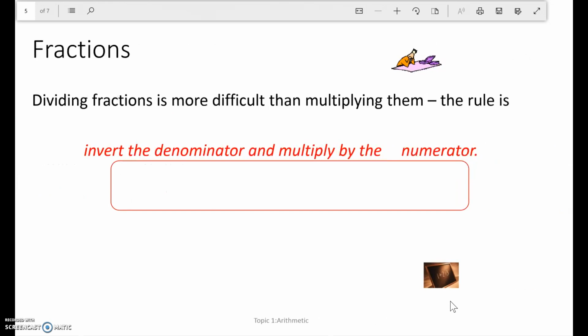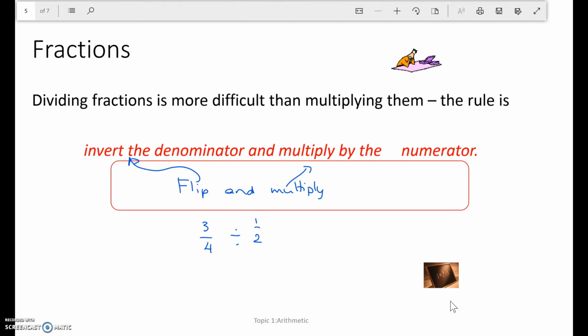Dividing fractions, though, is a little bit more difficult. The rule is you invert the denominator and then multiply by the numerator. Flip and multiply, that's another way of writing it. So if we're looking at 3 over 4 divided by a half, what that's saying is how many halves in 3 quarters.